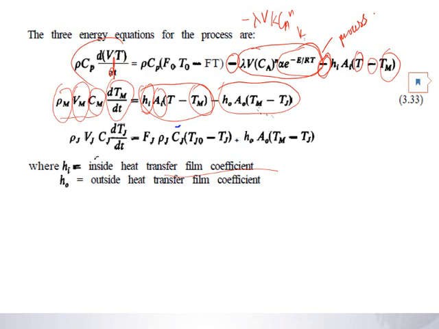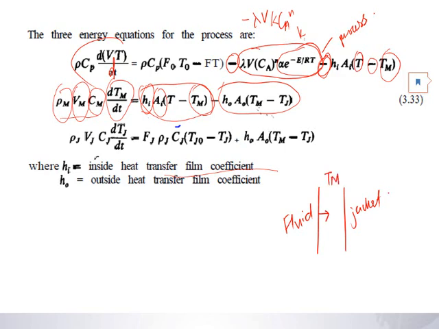Okay, and this one, the incoming heat for the metal is received, right? You have a fluid there. This is your metal, this is your jacket. So on this side, heat is received. So this is your Tm.